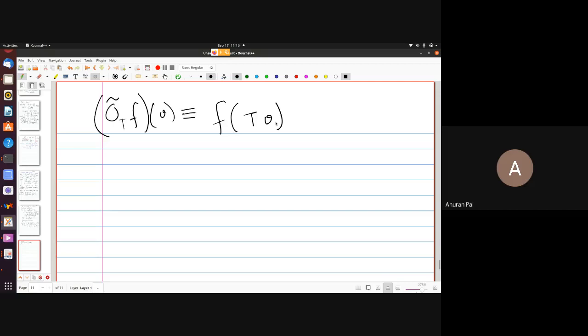Okay. Yeah, but will the proof be hampered if we had used f of Tv? All we need to show is that for any w there is a v such that w is Tv. But since T is non-singular, a non-singular linear operator is always invertible.